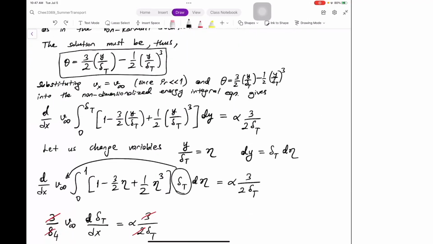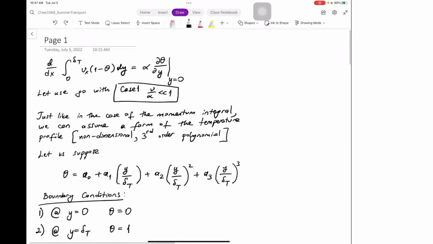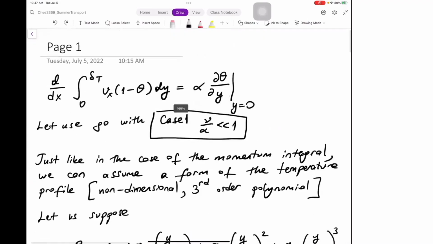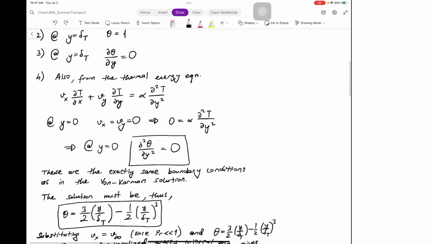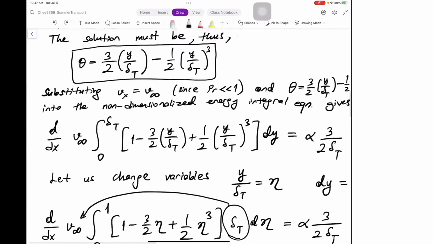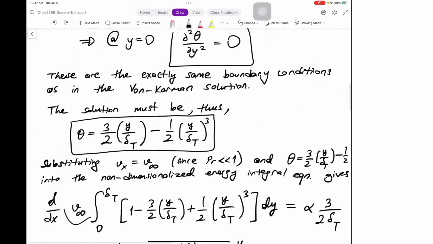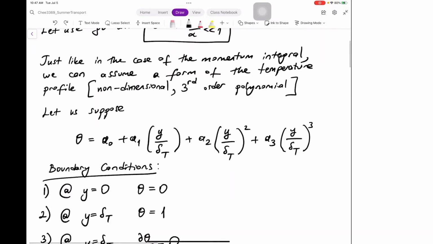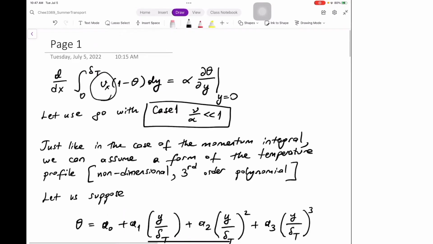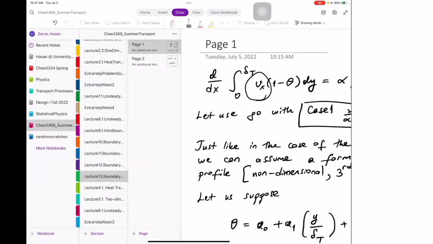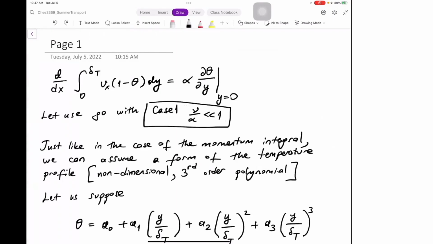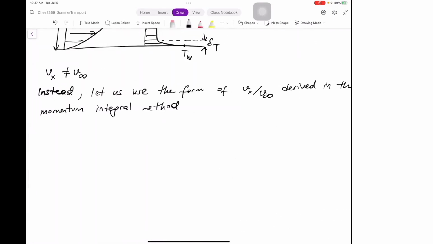Let's go back here. The assumption that the Vx is almost V infinity, we have used it here, correct? We wrote down V infinity instead of Vx, and now we say, we don't need it. We can just plug in the value of the Vx here, because I know roughly the estimate of the Vx from my previous analysis. So that's what I'm going to do.